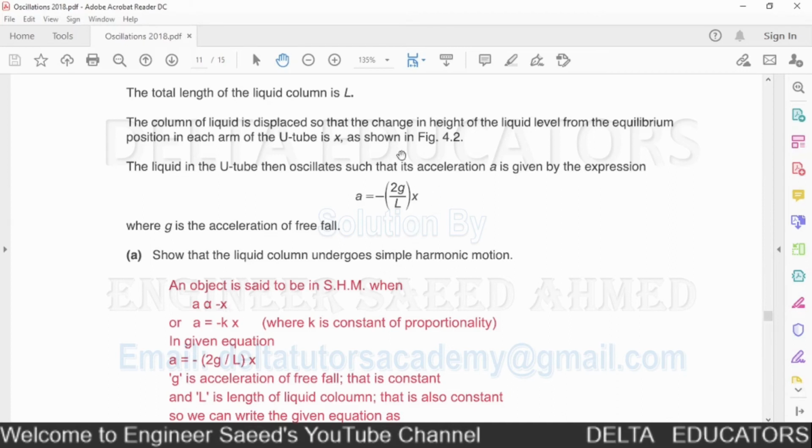Here the equation is given: a is equal to minus 2g over L into x. Here g is the acceleration of free fall, which is constant and its value is 9.81.